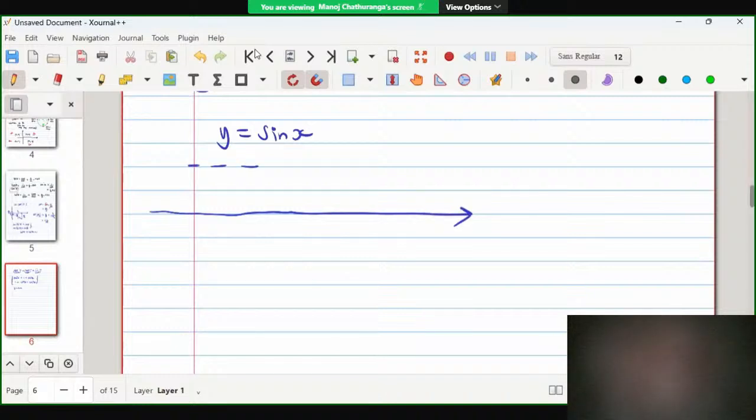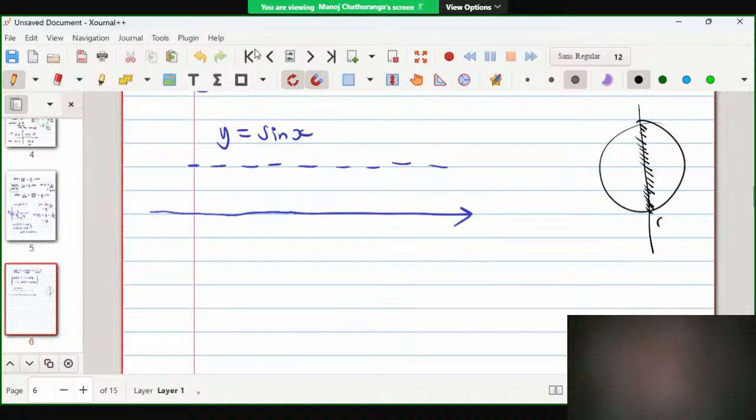Sine theta values are always bounded between 1 and -1. Remember, sine theta is the y-coordinate, and the y-coordinate always varies between -1 and 1 on the circle.